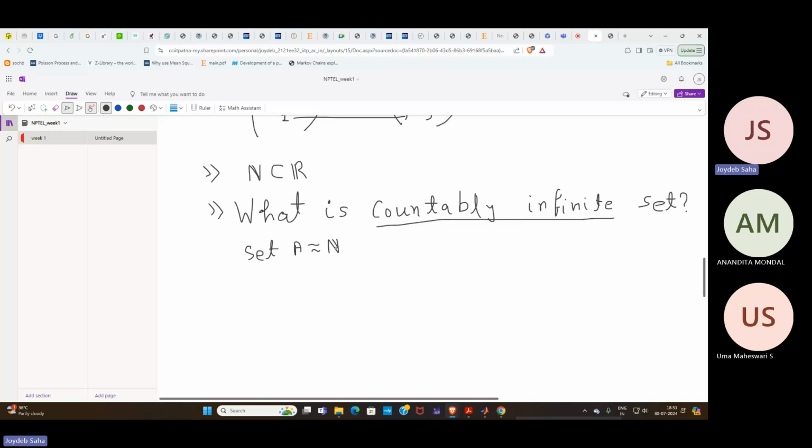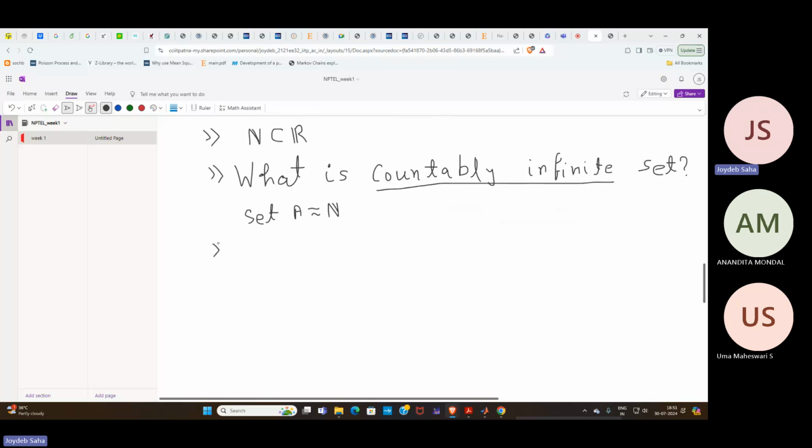So here, if we are saying countably infinite, it means that it has an infinite number of elements with some reference, and the natural number set N is the reference here. And if set A is equicardinal with set N, then we will call it a countably infinite set.